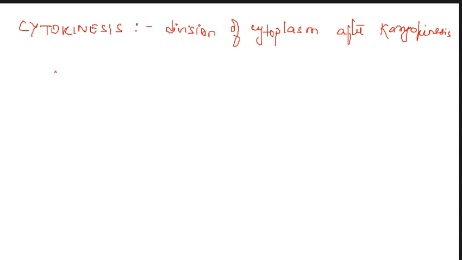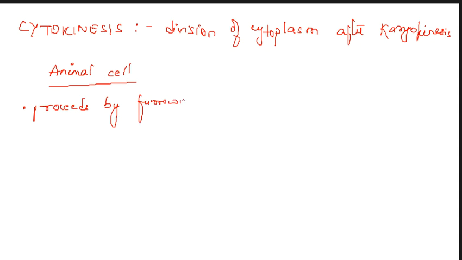So first of all, starting with the animal cell. In animal cell, cytokinesis proceeds by furrowing and invagination.